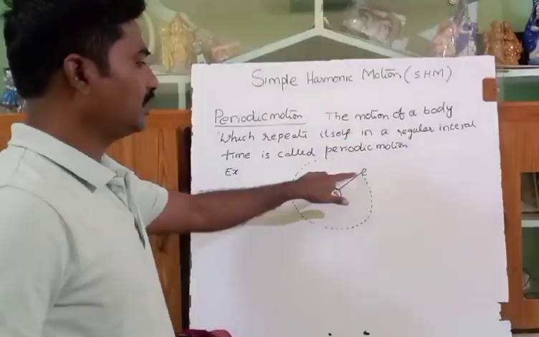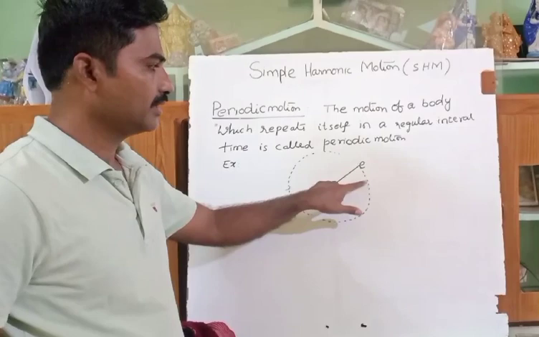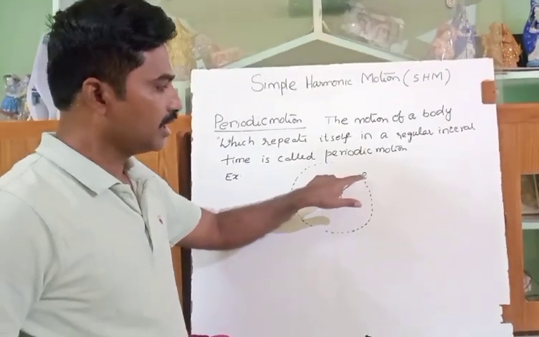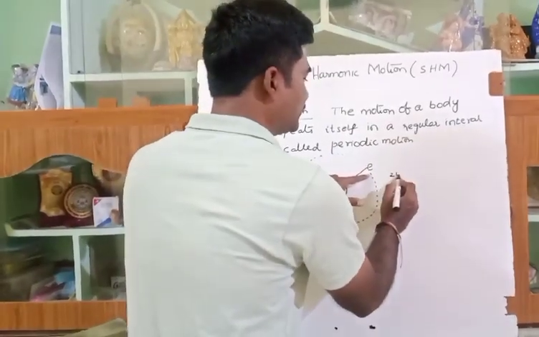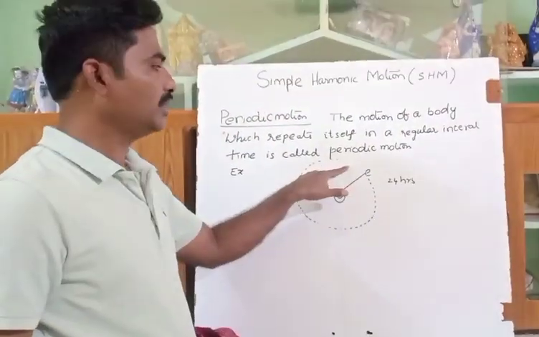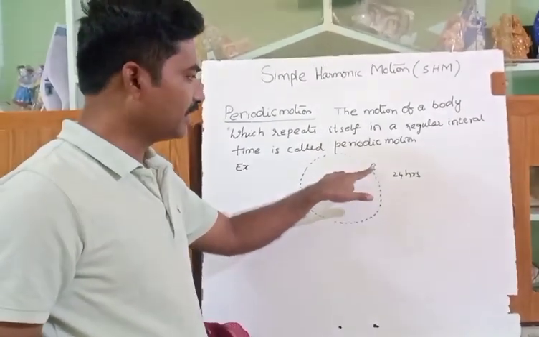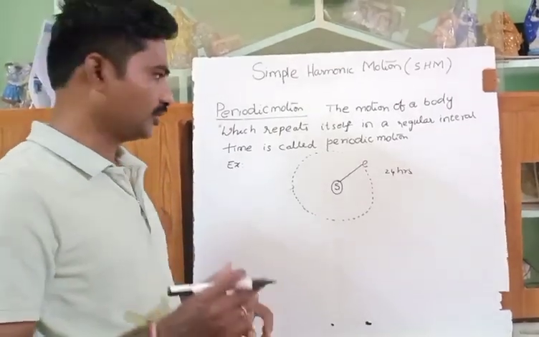Here our Earth is revolving around the Sun, and also the motion of Earth is repeating every 24 hours. So the motion of our Earth is the example of periodic motion.